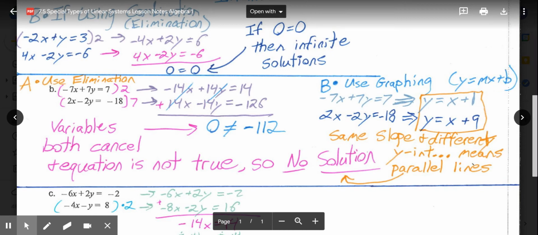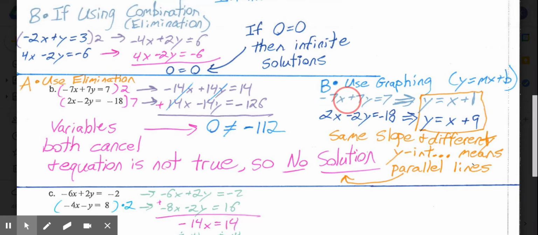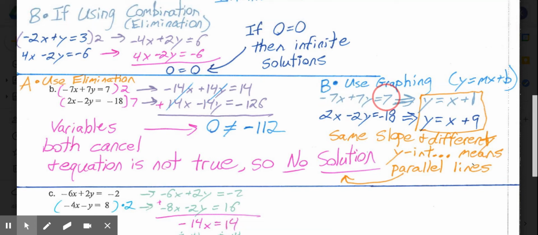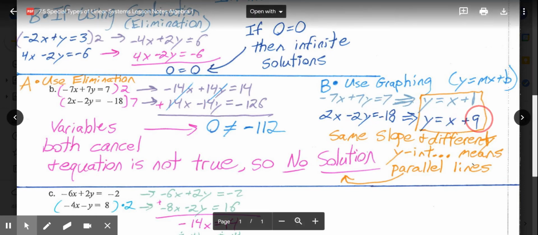In this case, rearranging the top equation into y equals mx plus b, it would be y equals x plus 1. We had to add the 7x to each side and divide everything by 7. On the bottom equation, to get y alone, we'd subtract 2x and divide everything by negative 2, so y would equal x plus 9.